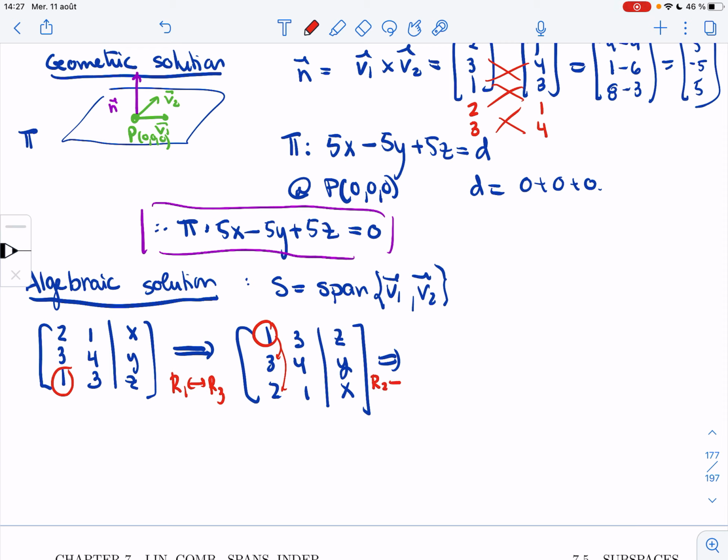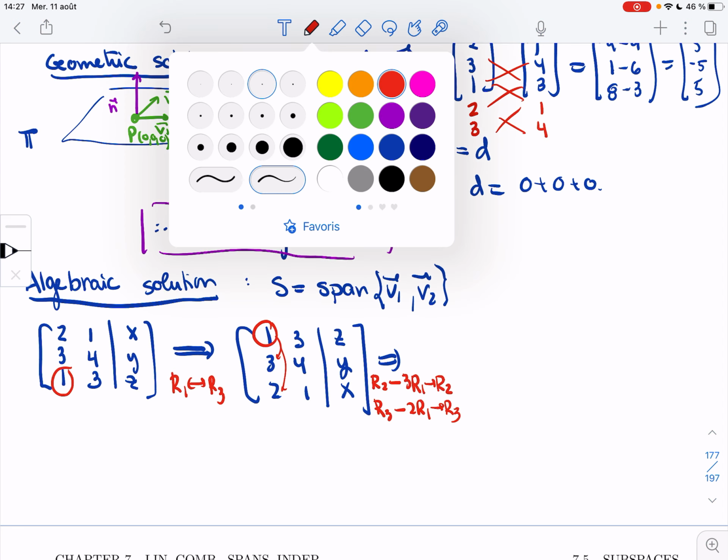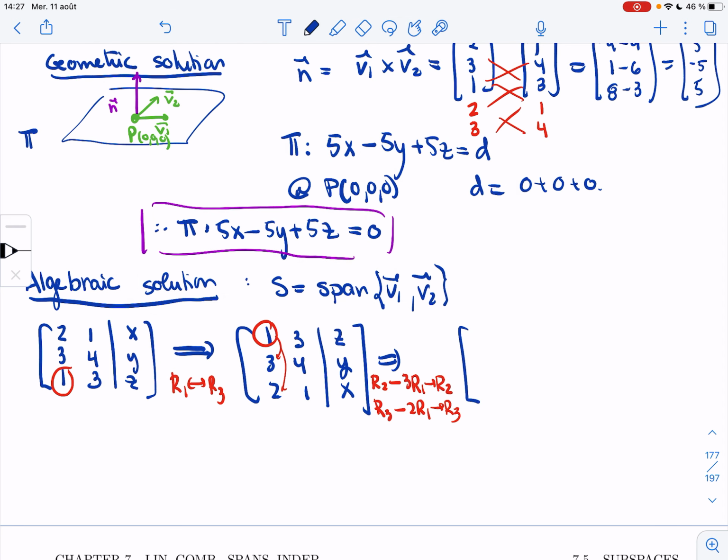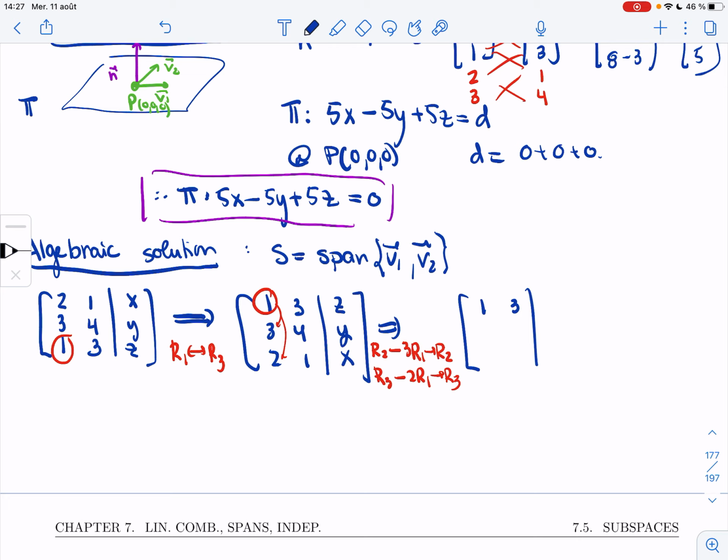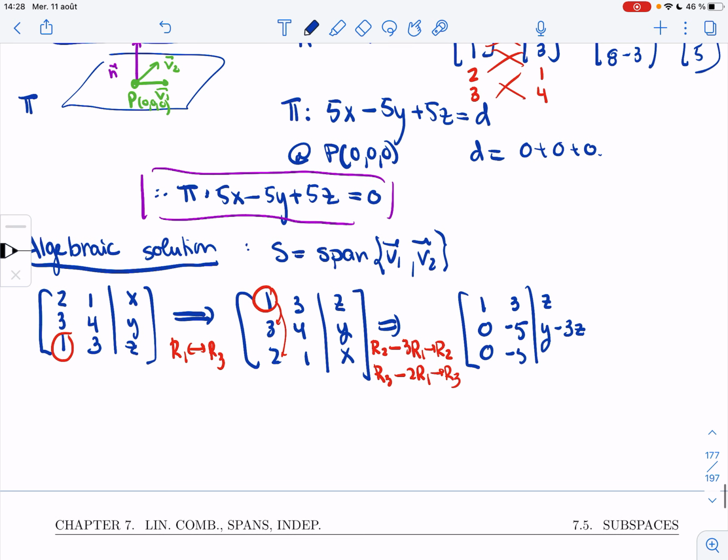I'm going to take row 2 minus 3 row 1 into row 2, and row 3 minus 2 row 1 into row 3. All right, let's do this. I get 1, 3, z. That one hasn't changed. 0, 4 minus 9, that's minus 5, and I get y minus 3z. And then 0, 1 minus 6, that's minus 5, and I get x minus 2z, sorry.